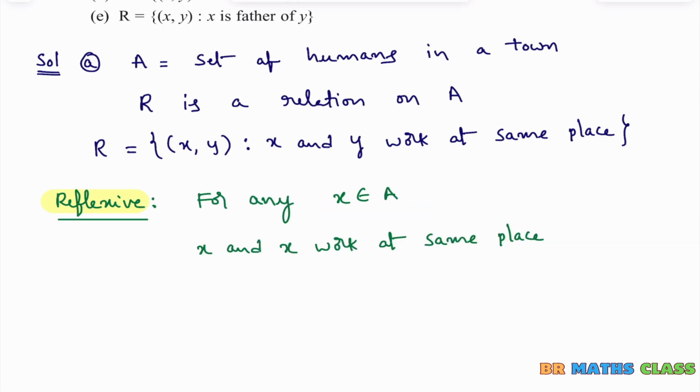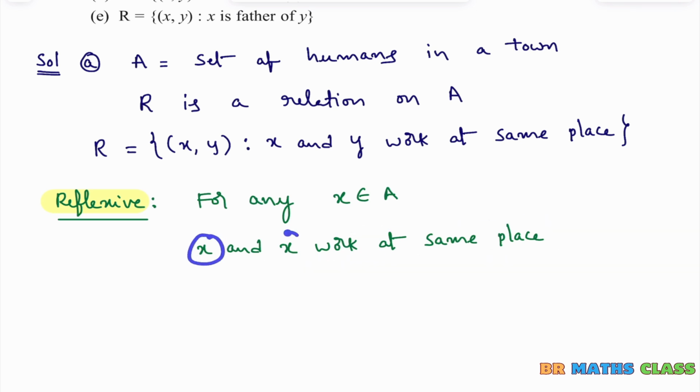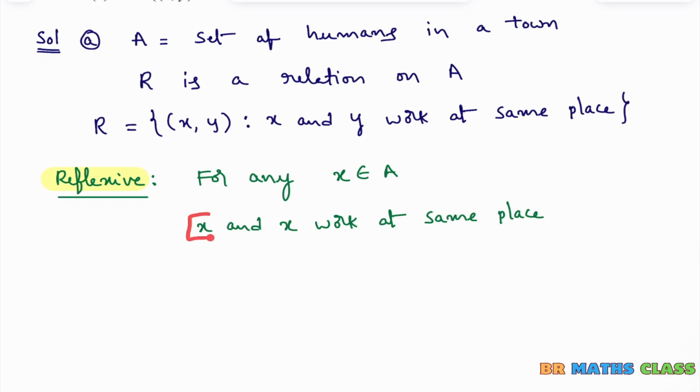You observe this, x and x work at the same place. These two x are different? No. Actually, x is a person in a town. Same person. Can I say that x and x work at the same place? Yes, we can say that x and x obviously will be at the same place where x is working. X works there only. A simple thing, nothing is there.